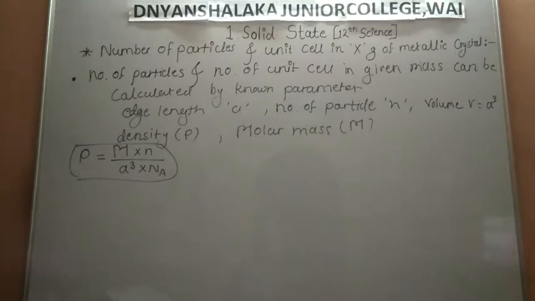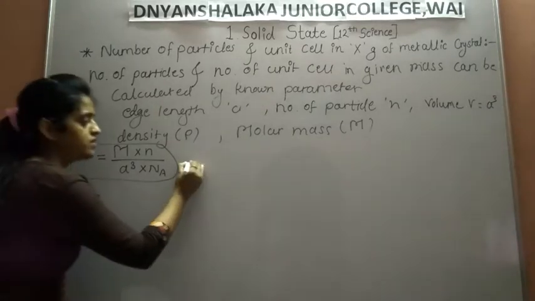So, this is the relationship between number of particles, unit cell and volume of unit cell, the three cell parameters. But now we have to calculate the molar mass of the substance. So how do we calculate it? By rearranging this equation.